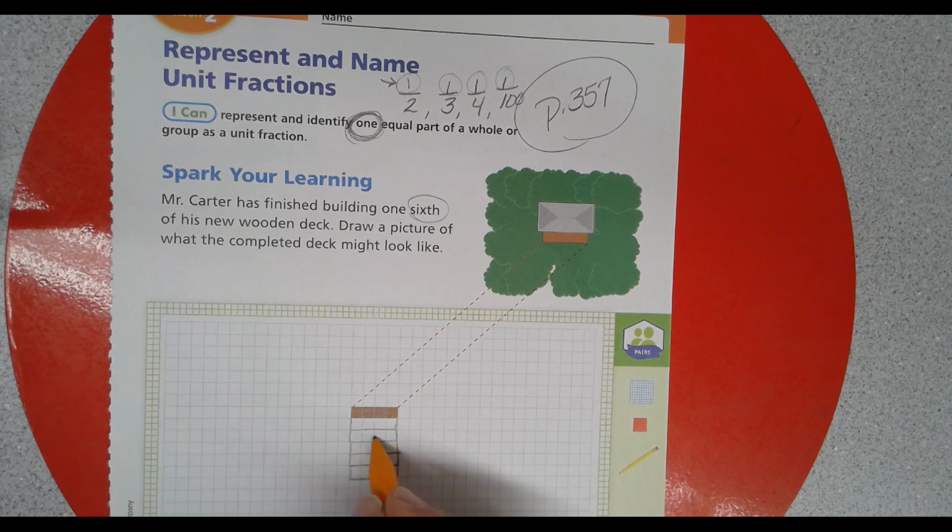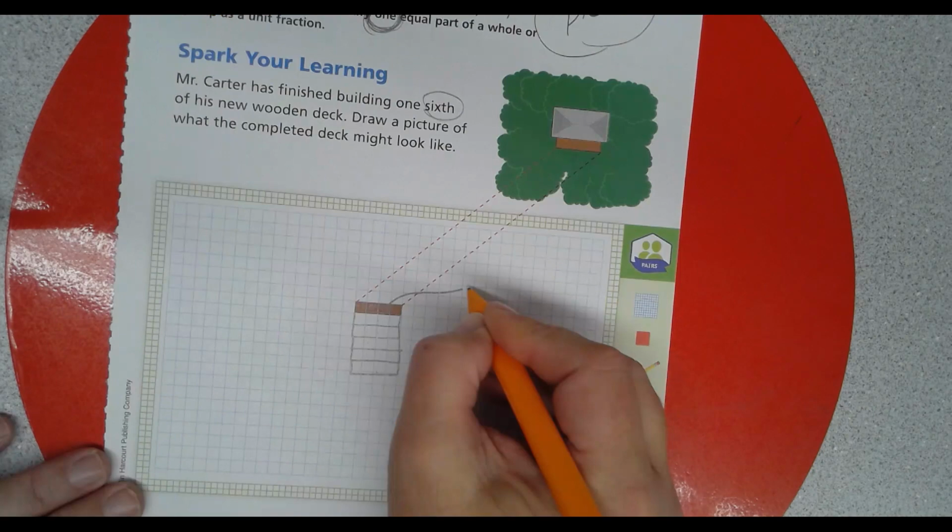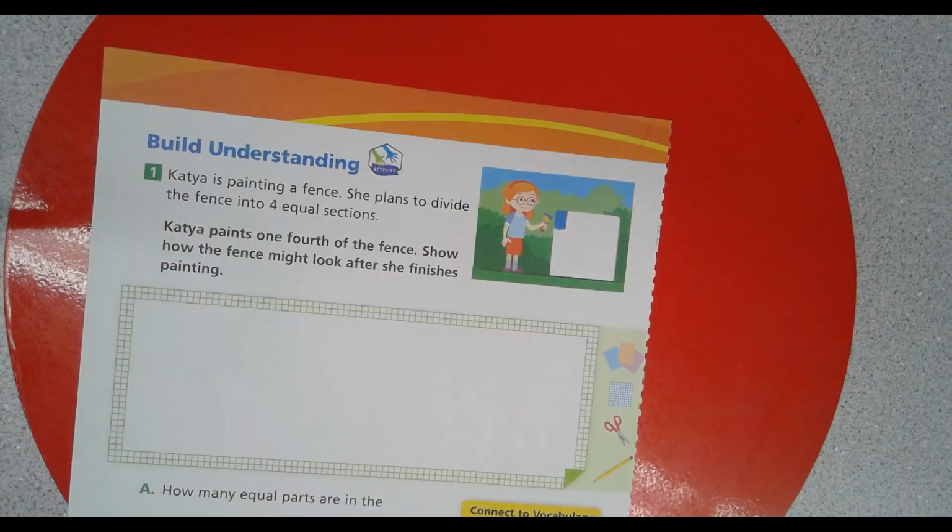Right now, he's only done this much right here. So he's got 1, 2, 3, 4, 5 more sections to do before he's finished. 1/6 is your unit fraction. Okay? All right. Now turn the page.